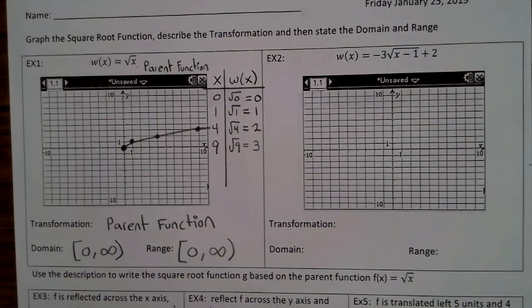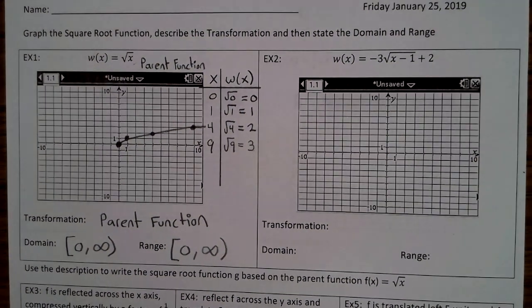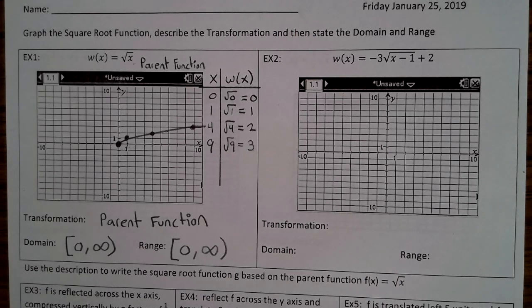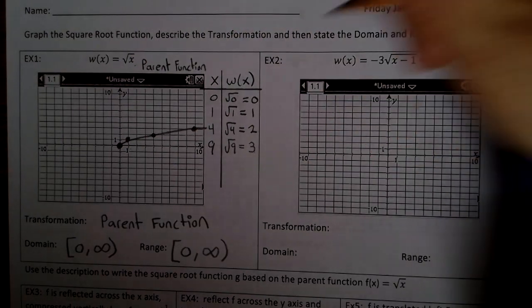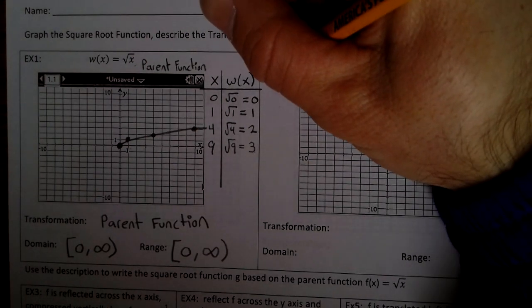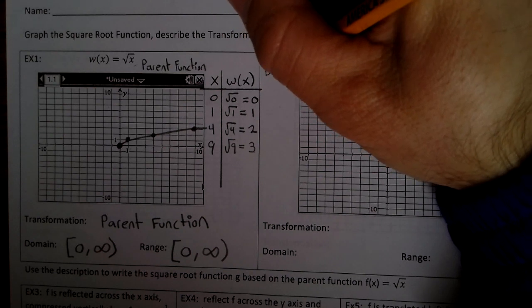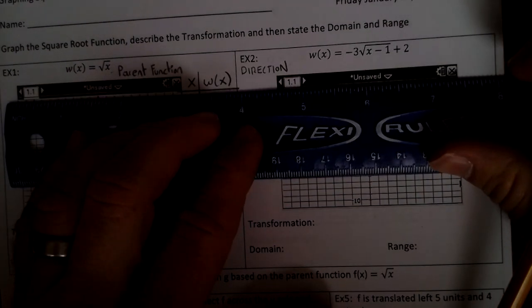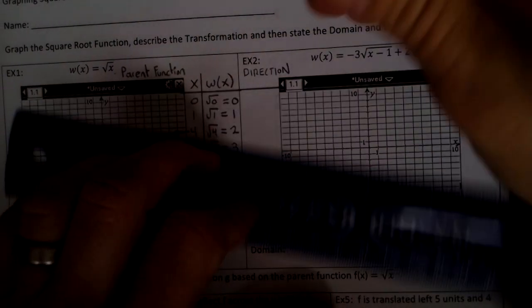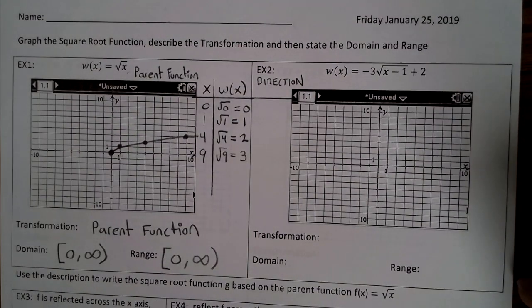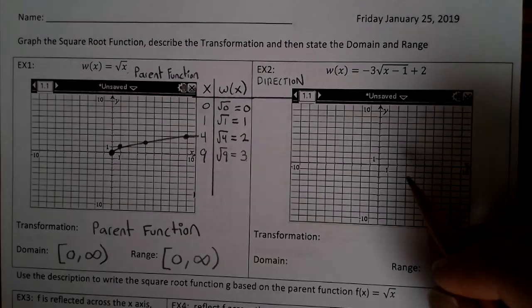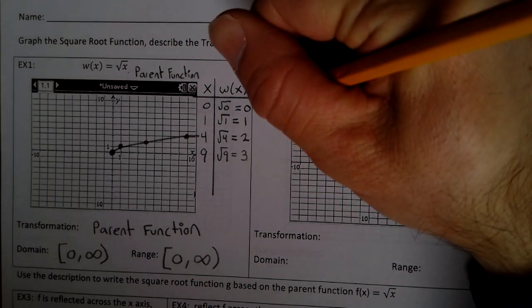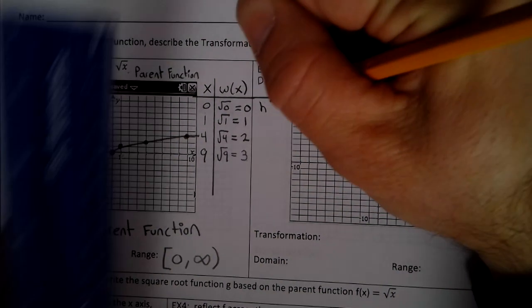All right, example 2. Now we're going to graph by direction. Okay, so we know our vertex, h and k, is what we're going to do for the initial transformation move.